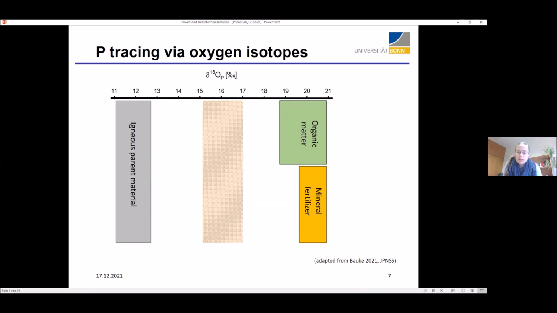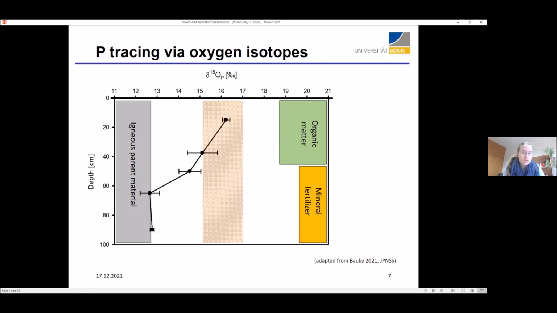So if we now extract our phosphorus from the soil samples and plot the isotopic values that we see in the phosphate, we would interpret anything like here in the topsoil, anything that falls within the range of the equilibrium, to indicate high biological turnover, whereas values that are close, for example, here in the subsoil, close to the value of phosphorus in the parent material, that means there is no or only very little biological turnover.